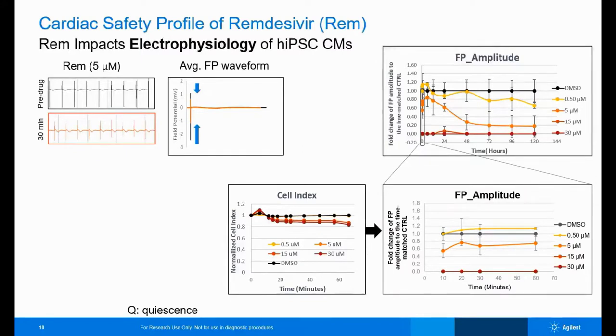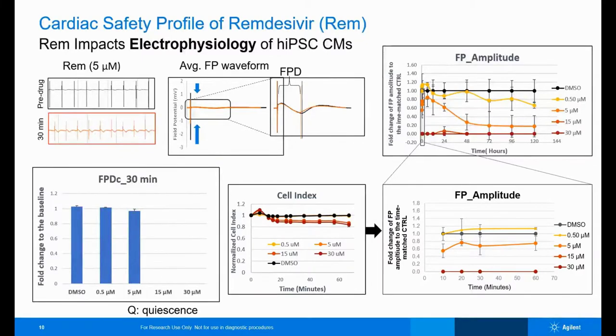And as I mentioned, IP is another important parameter. So here, we also evaluated the field potential duration at 30 minutes post the drug. The concentration at Cmax, 5 micromolar and below, had no impact on the FP signal, as shown in these blue bars.